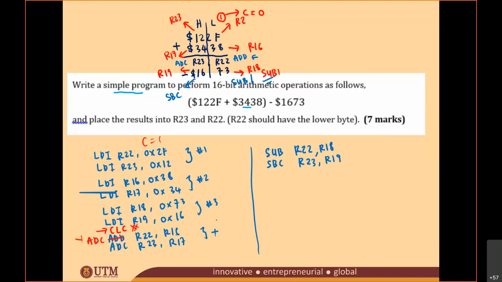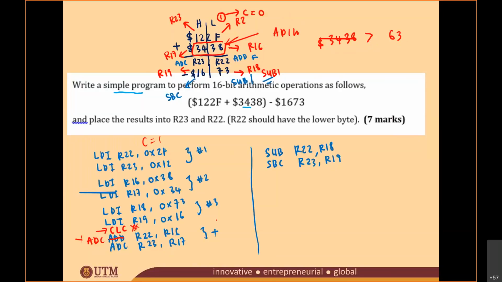For this programming? ADIW. For this example here, you cannot use the ADIW. Why? Because this number here, 33438, is definitely greater than 63.